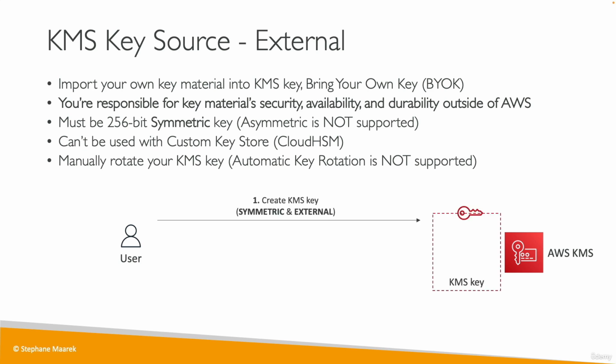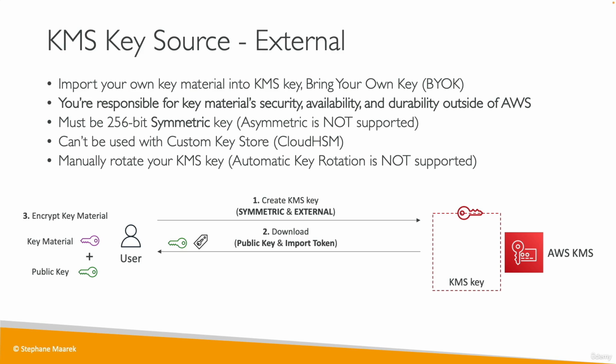So how does that work? Well, the user will create a KMS key in KMS and say that it's a symmetric type of key and that the source is external. Now the key envelope is created, but the key material is not. So then you download the public key and an import token, and you use the public key to encrypt your externally generated key material.